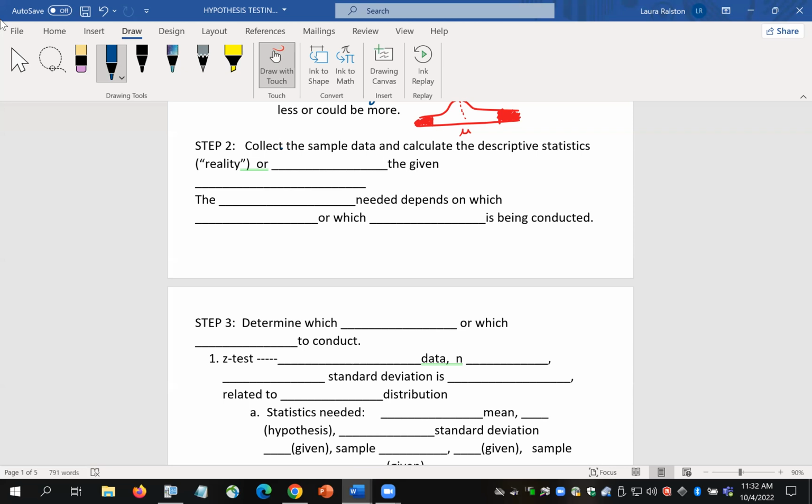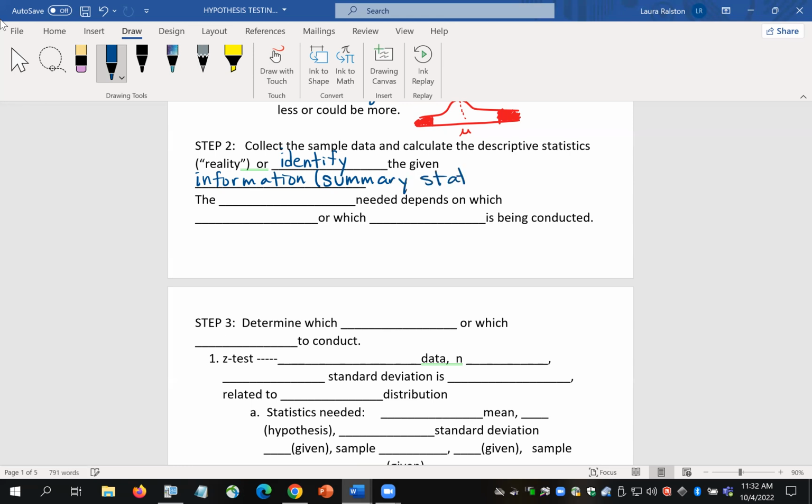In our case, because I don't have a lot of time for you to go out and collect data every time we do a question, you're going to be given the scenario. And so you have to identify the given information or the given summary statistics.